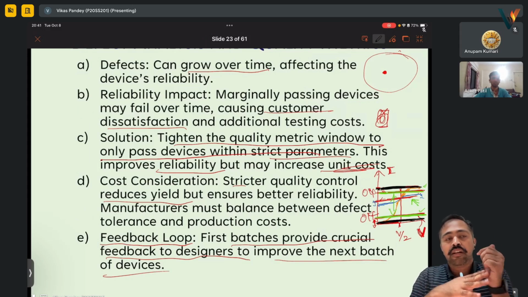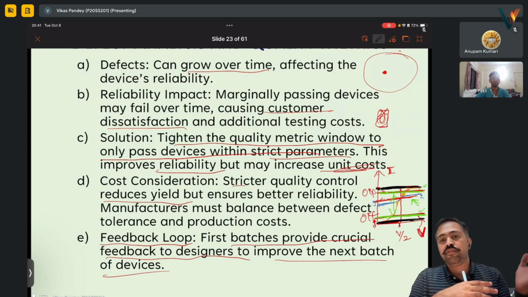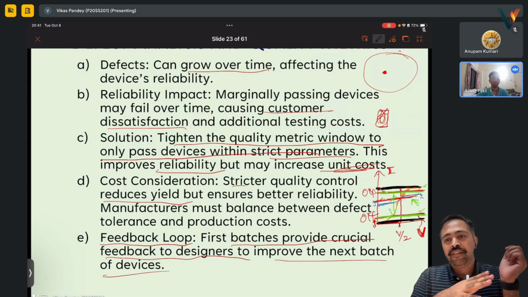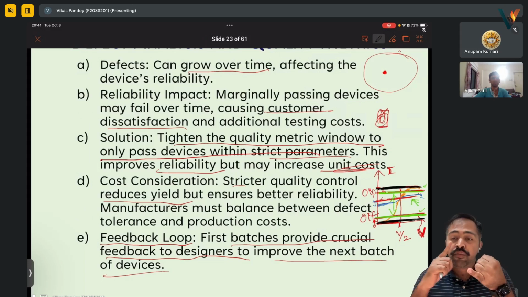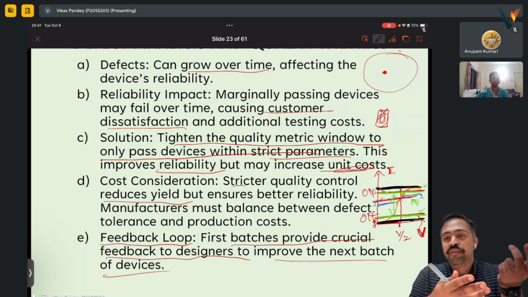If we are discarding all the others, we are at a loss. So we have to take both things into consideration: we have to get good devices, but it should not be so good that we are not able to produce it.